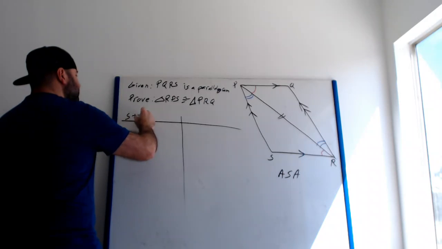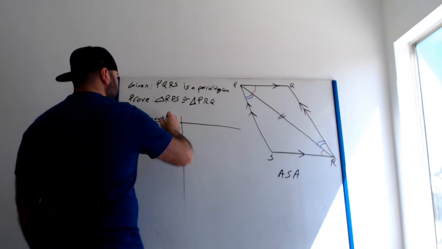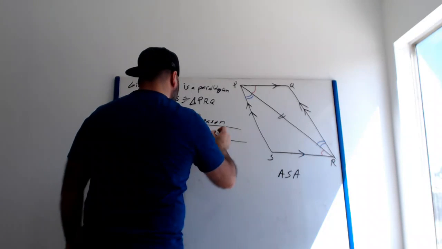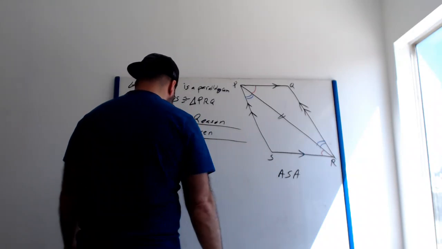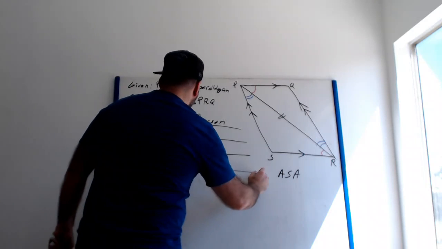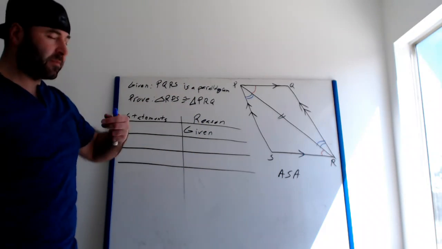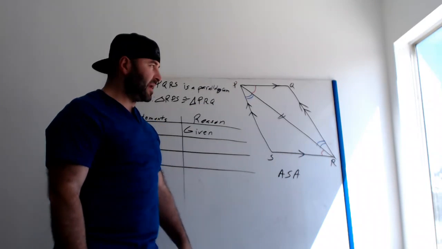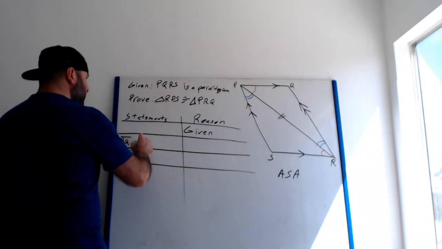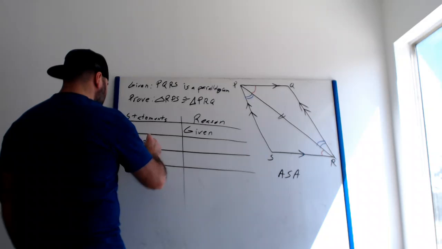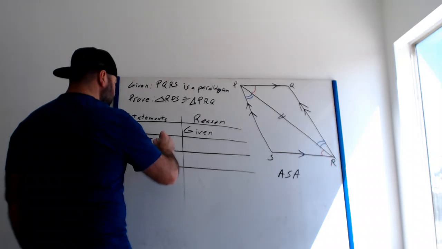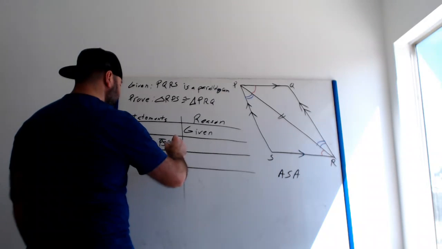So I have my statements and the reasons. Reason one, always, always, always given. Now, it's a parallelogram and I'm given certain information, I still have to go ahead and write it down. So I'm going to write down that PQ is parallel to RS and PS is parallel to RQ.